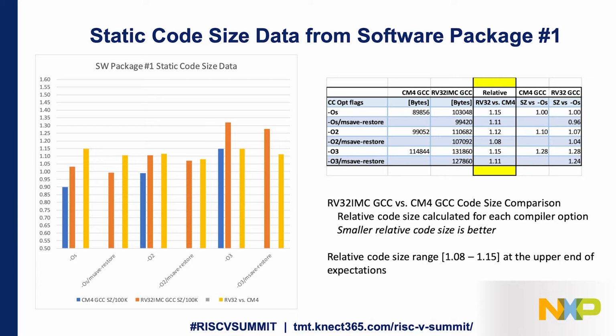The final two columns on this chart show the static code size for the different compilers using Os as the baseline, and just looking at how much growth we had in the object file as we went to the O2 and O3 optimization levels. You can also see the improvement in size that the msave-restore option provides.